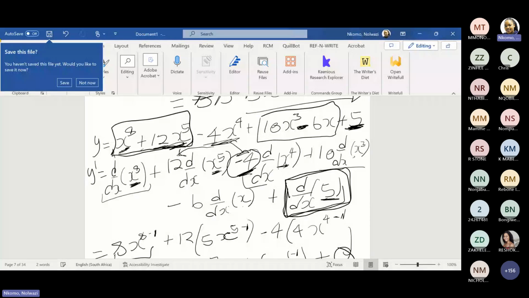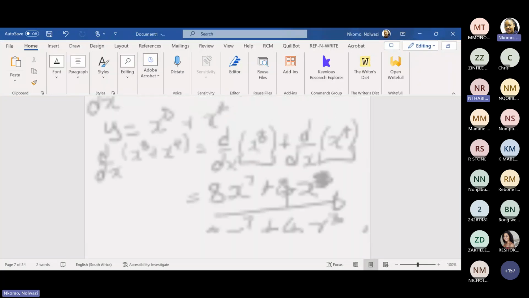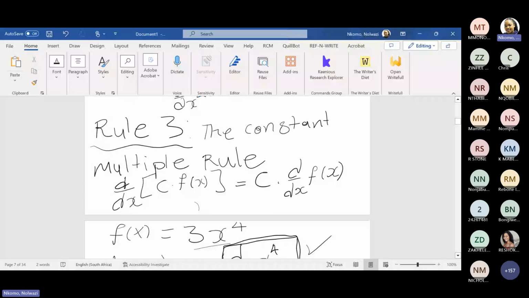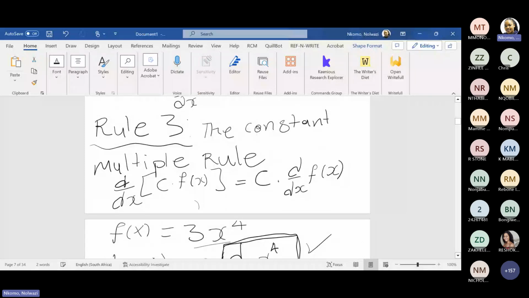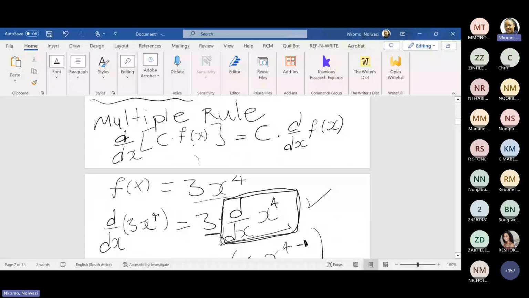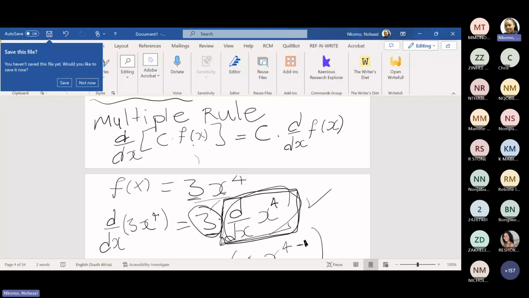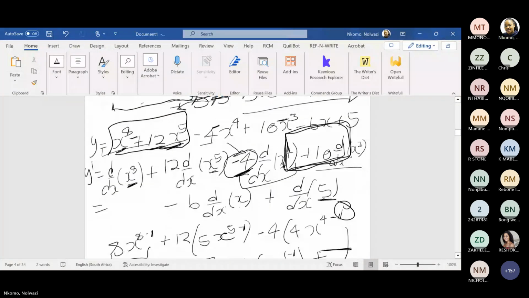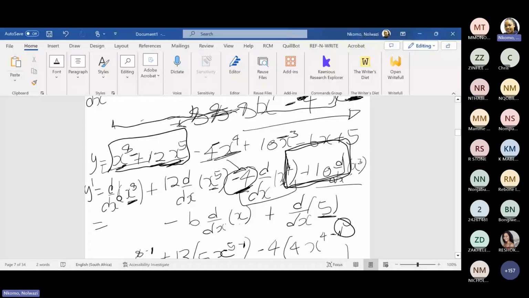Remember, rule 3 says you have a constant times a function. You take out the constant before you find the derivative of this function. That's rule 3. So that's what we applied there. Even here, we did apply that rule, and here, and here.